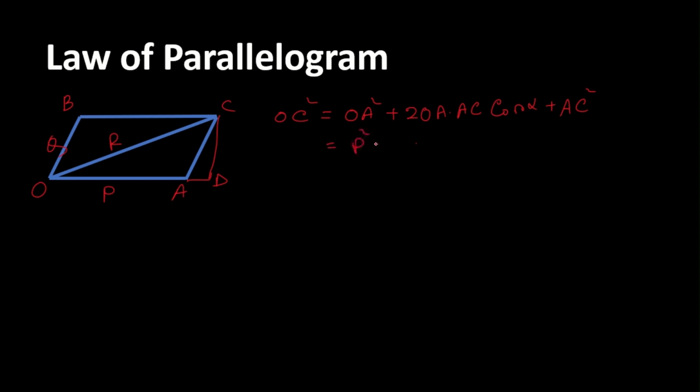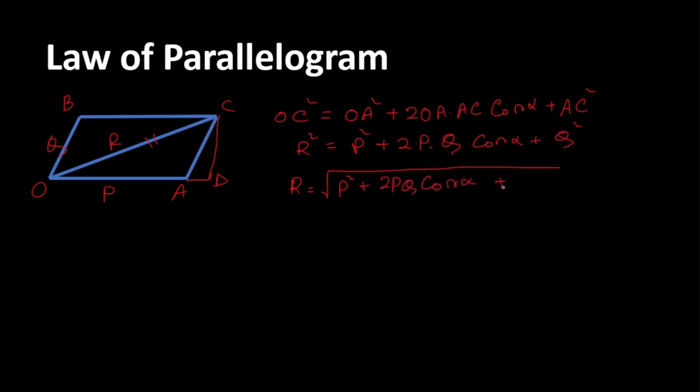Here OA equals to P, AC equals to Q, and OC equals to R. Therefore, R equals to root over P square plus 2PQ cos alpha plus Q square. So this is the resultant of the two sides P and Q.